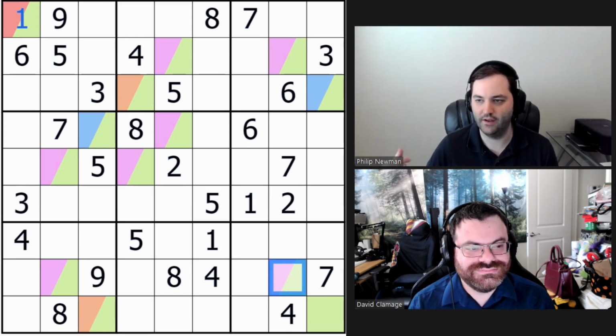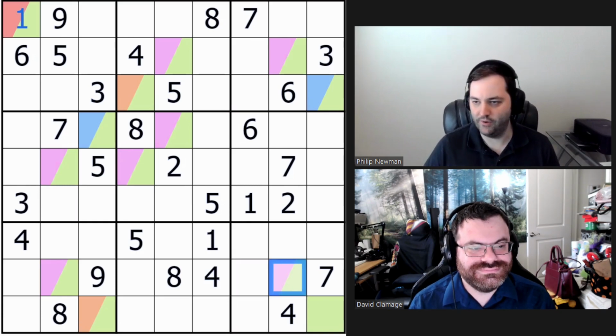It has exosets, it has MSLS, it has oddagons, it has ALS techniques. It has everything. But most solvers don't get to this point. They stick with fish and short chains, and that's about it.